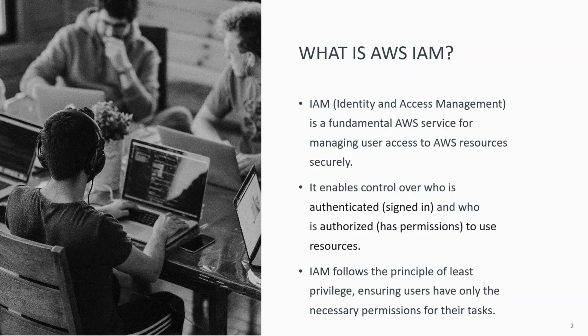IAM follows the principle of least privilege, ensuring users have only the necessary permission for their task. So it means that we should give the least privilege to the user so that they can do their services without compromising on the security of your AWS account.